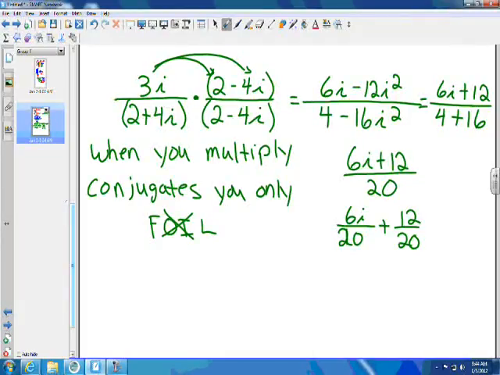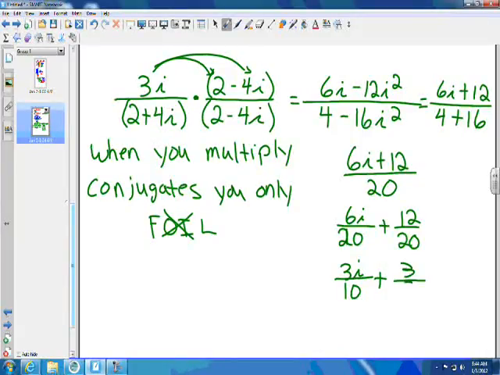So what can we take out of 6i and 20, or 6 and 20 here? We can take a 2 out, which would leave us with 3i over 10 plus, what can we take out of 12 and 20? We take a 4 out, we would have 3 over 5.